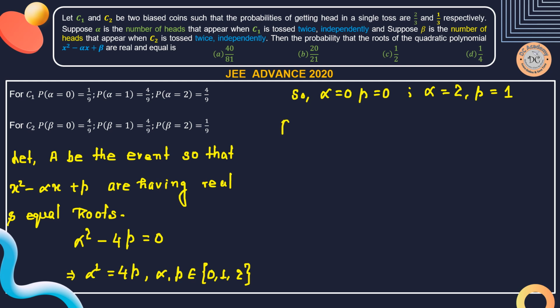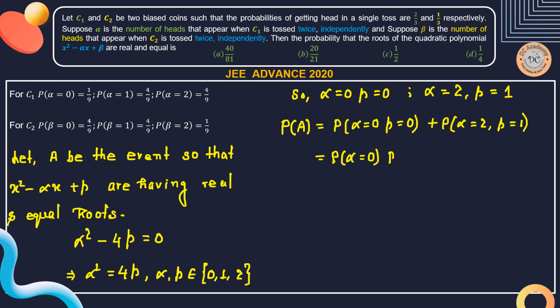So the required probability of A can easily be written as the probability of alpha 0, beta 0, plus the probability of alpha 2 and beta 1. As these events are independent, it is the probability of alpha equal to 0 times the probability of beta equal to 0, plus the probability of alpha 2 times the probability of beta equal to 1.